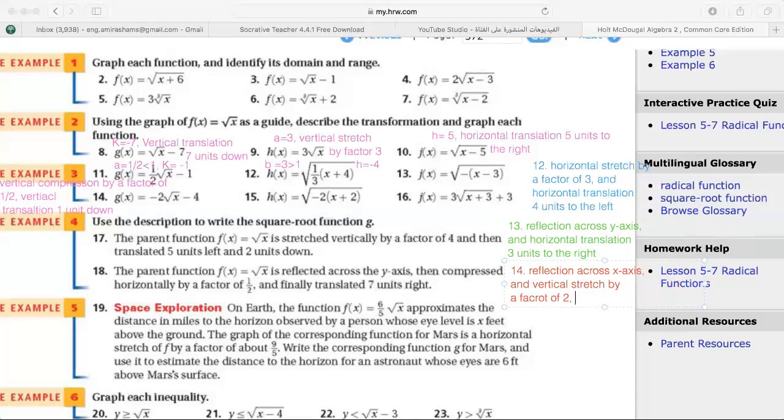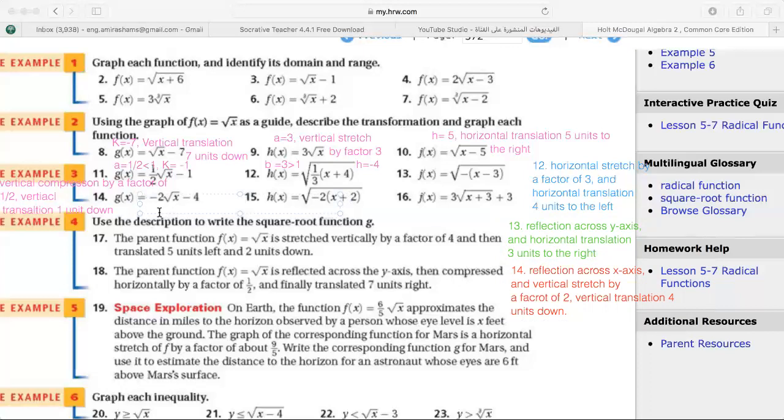And negative 4. Negative 4, it is vertical translation when k is negative, so it is vertical translation 4 units down. Let me write here the values of the factors.